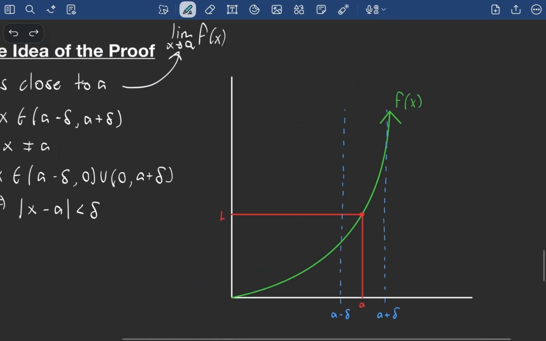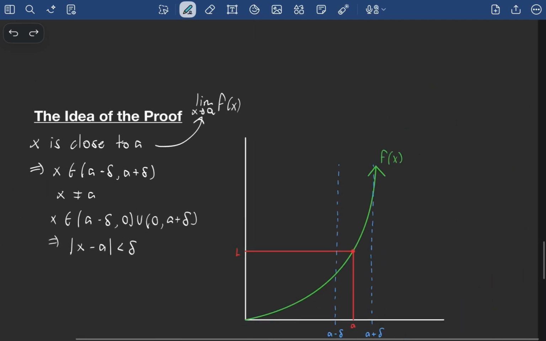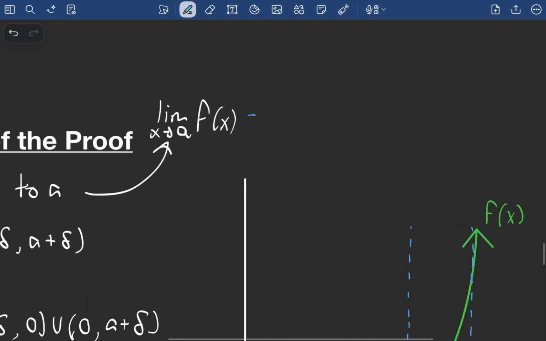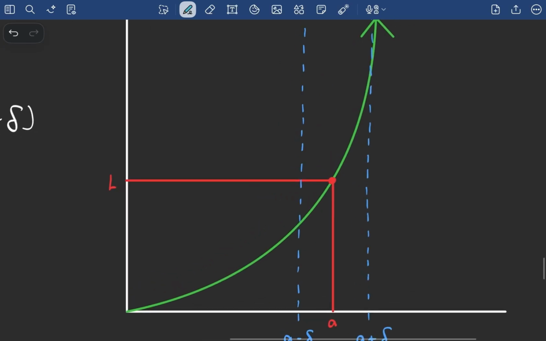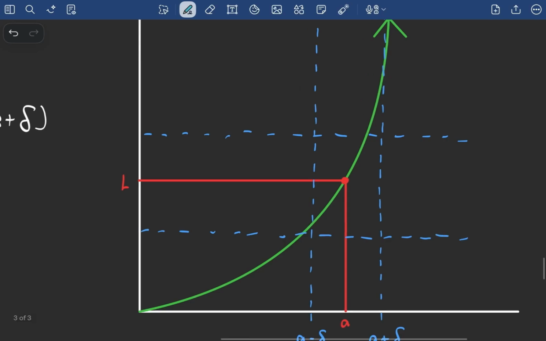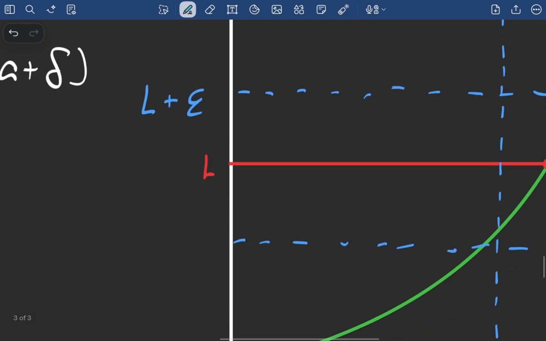Now the whole idea of the proof is that we can introduce the same thing, but on what the limit equals. Because remember, we have that this is equal to L. We need to prove that it's equal to L. So what we can do is take the same thing with L. If we were to imagine an interval around L, and instead of using delta for this one, we're going to use epsilon.